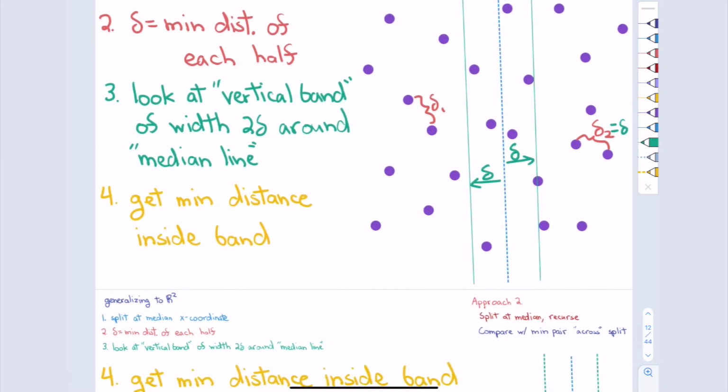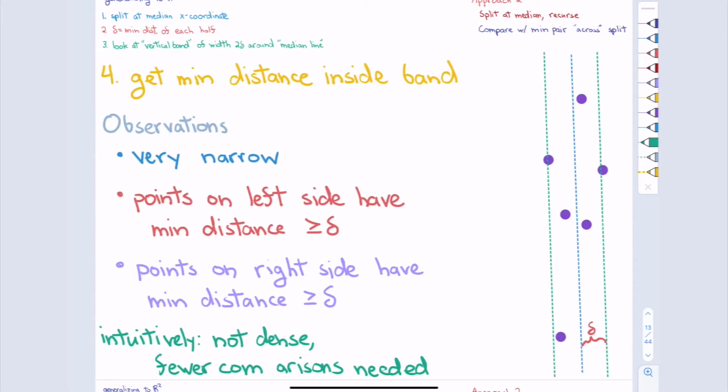Okay. So we should think of delta as being pretty narrow in that it's the minimum distance between any pair except the ones going across the middle. It's sort of a small number. So intuitively it's kind of narrow. And if I look at the points on the left side of the median, I'm only looking at those pairs. I know all those pairs have to be delta apart. Right?